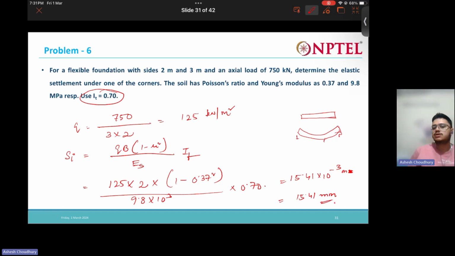Just directly use the relation of the formula and find out the values.